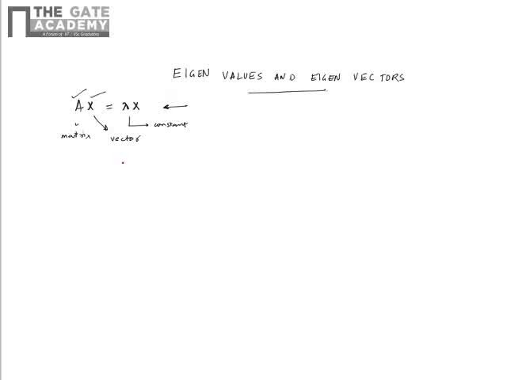Now if I do a mathematical treatment of this, bring lambda x to the left side, which I can write in this way, and this I can again write as lambda times I x, where I is the identity matrix: 1 0 0, 0 1 0, 0 0 1.